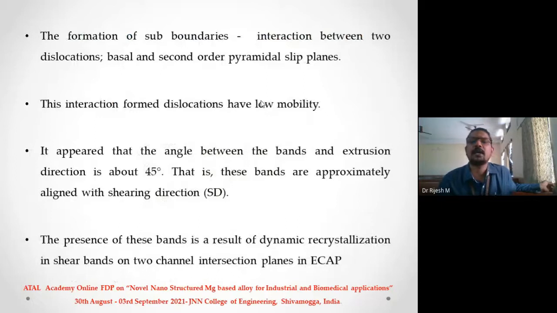Interacting dislocations have lower mobility. When you have dislocation interactions, they will not move; they have already clinched. It appeared that the angle between the bands and the extrusion direction is about 45 degrees. These bands are approximately aligned in the shearing direction. The presence of these bands is a result of dynamic recrystallization in shear bands and two channel intersection planes in ECAP.